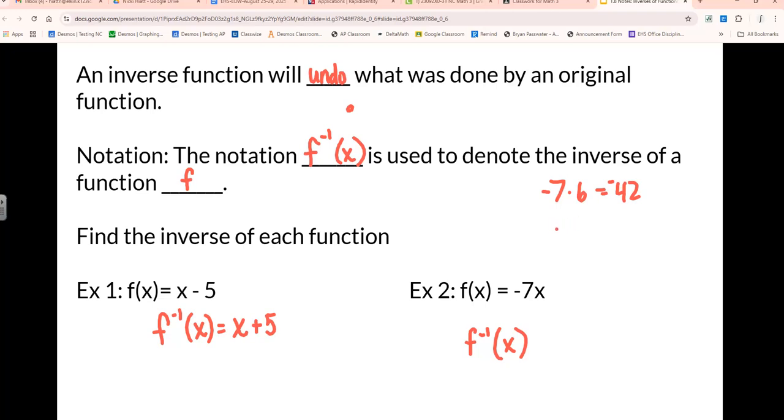So if I want to get back to 6, what do I have to divide by? -7. Whenever you're multiplying or dividing, you don't change the sign. So this would be x divided by -7 for that. So that's just a little introduction to the notation there.